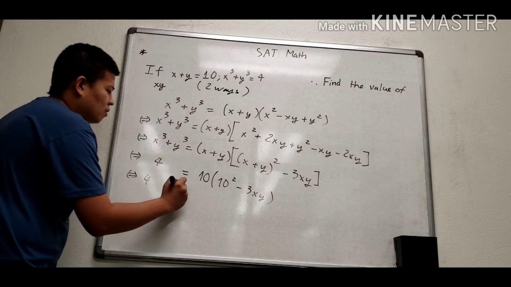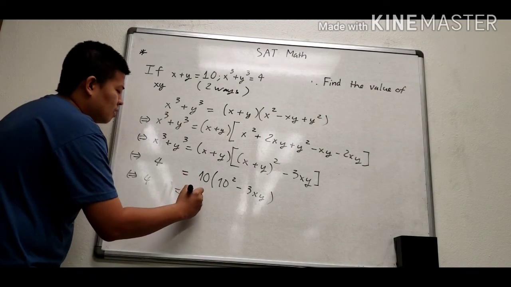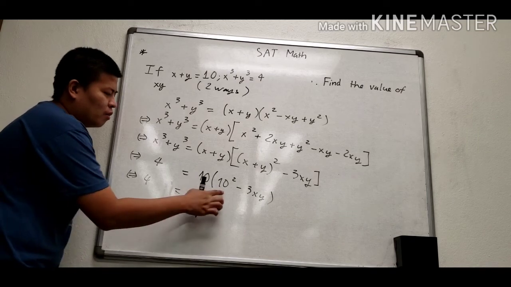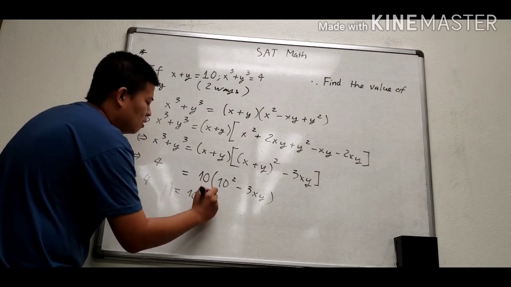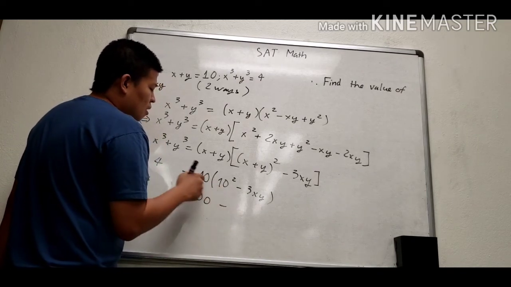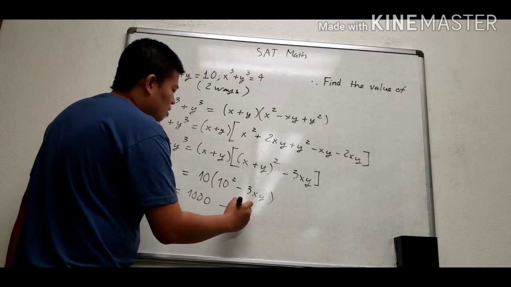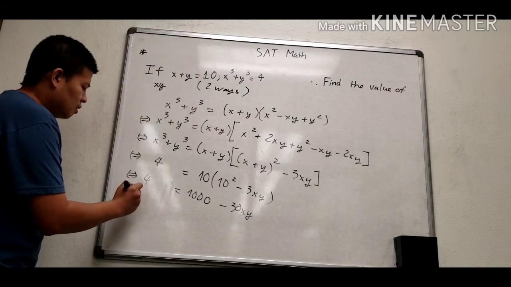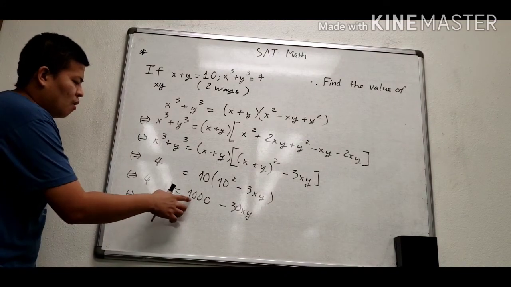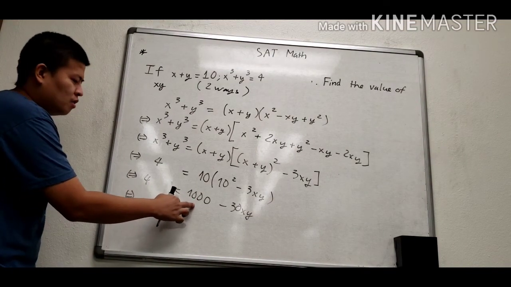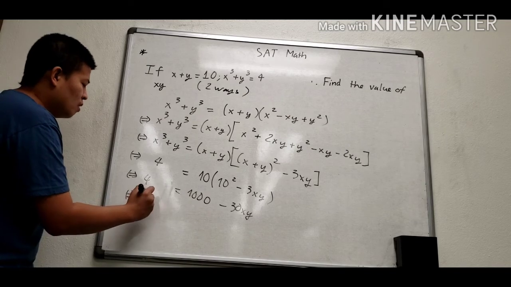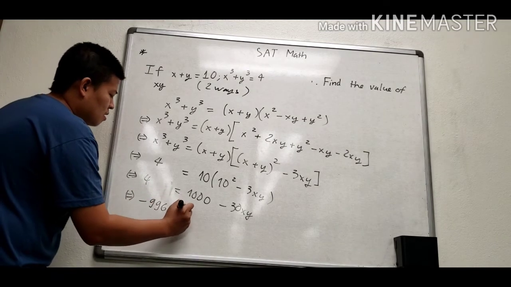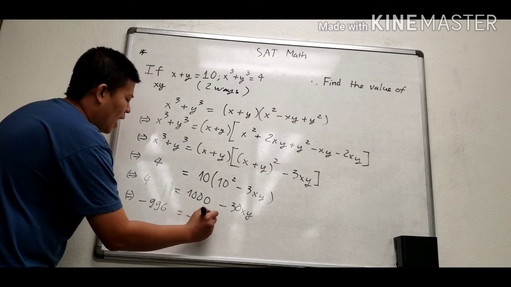We have 4, 10 power 2 is about 100, 100 multiplied with 10 is about 1000, 10 multiplied with 3 is about 30xy. So now we have 4 and we have 1000, 1000 goes to the left, so we got about 996 equal to 30xy.